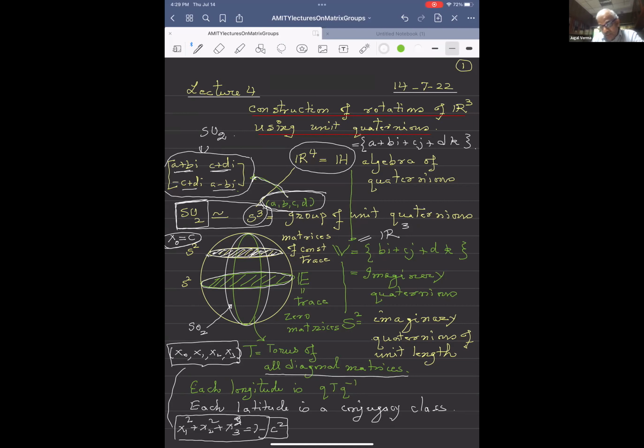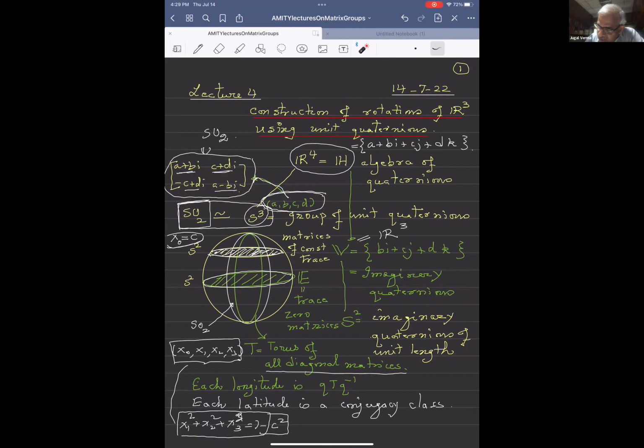Diagonal matrices form a subgroup, and if you take all the diagonal matrices in SU2 and use this correspondence from SU2 to S3, then they will be lying on one of these longitudes.